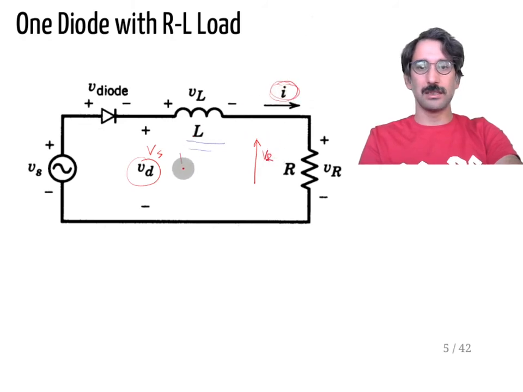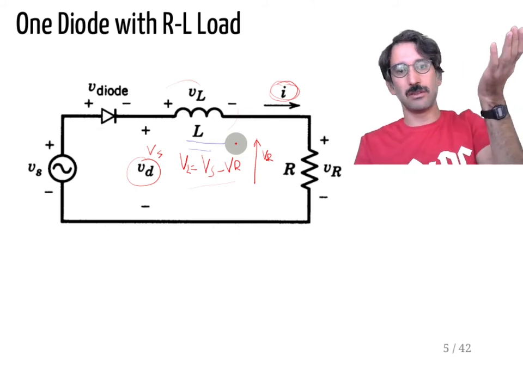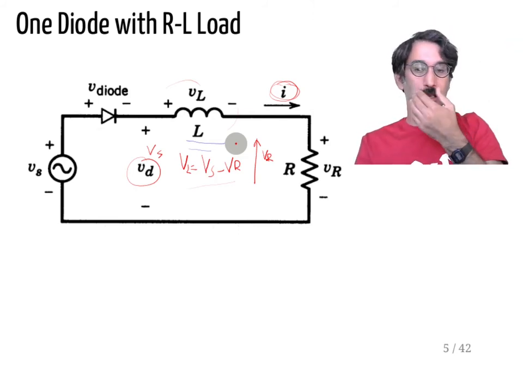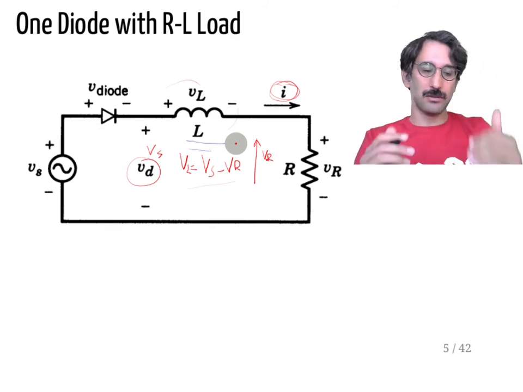So basically inductor voltage is Vs minus Vr. If that voltage level is positive, so if Vs is larger than Vr, the inductor current will climb up, and if it is lower, it will start reducing.